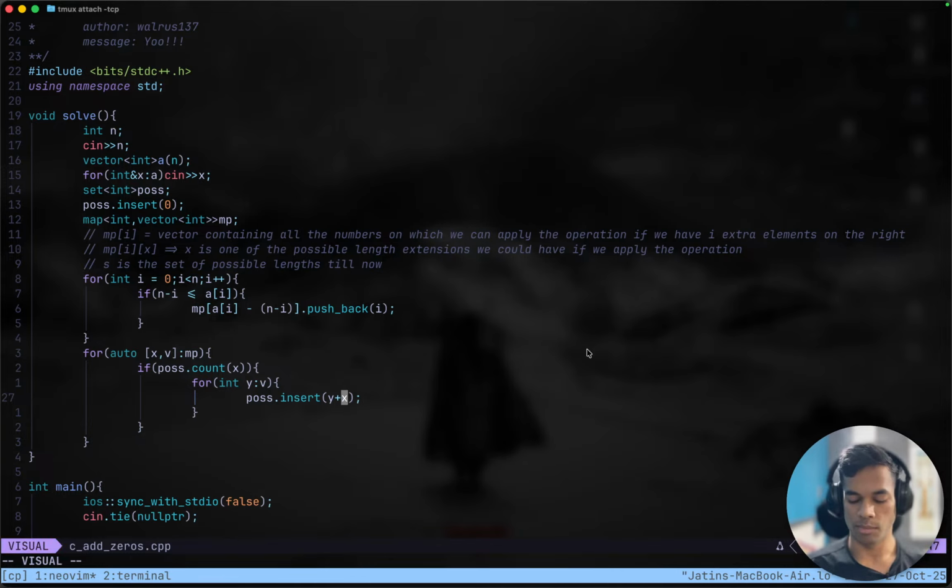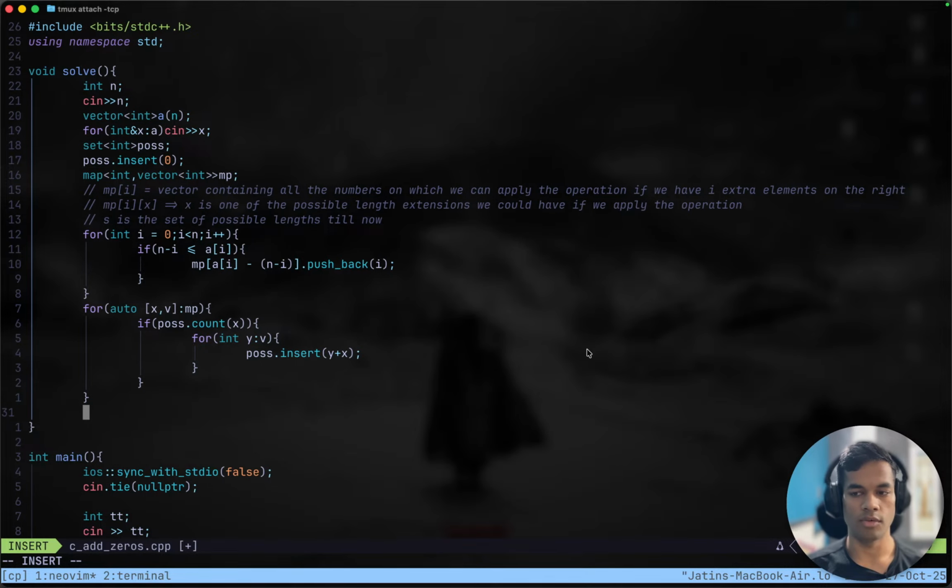X is the number of elements which are required onto the right to make this element possible, and y is how many new elements were added. So the new extension is x plus y. Makes sense. And at the end, we will see the maximum extension.